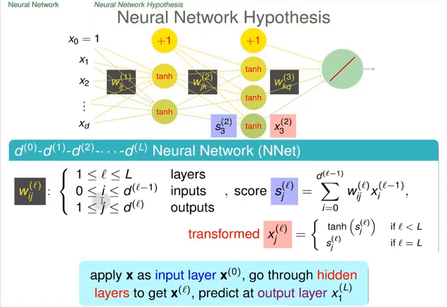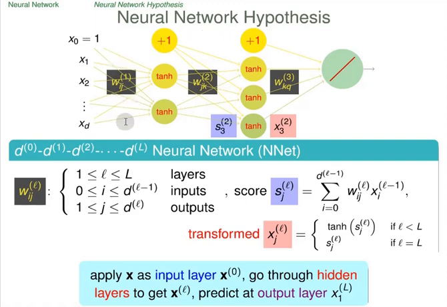Every layer then has one special node, which is shown here. This is a bias node, and it is not labeled. In this example, the bias node is said to have an output of plus 1, which is somehow similar to setting x0 to 1 when we use linear regression, linear models.